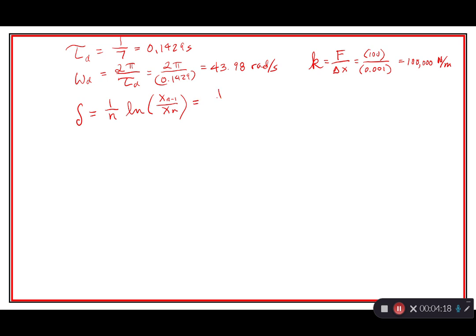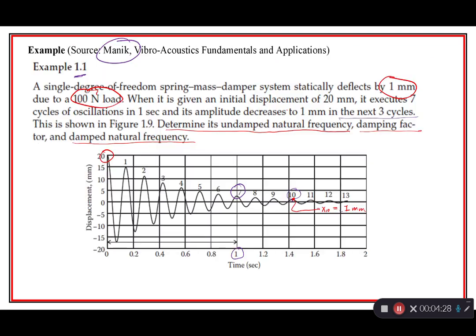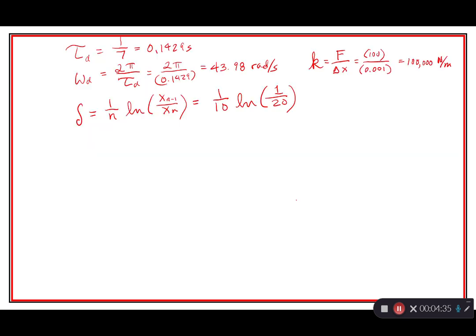So that's going to be 1 over 10 and natural log of 1 millimeter over 20 millimeters, right? Because we started out at 20 and went down to 1 in 10 cycles. And this is an empirical way to get the damping. It's kind of an important thing to try to make some of these vibration calculations seem real.